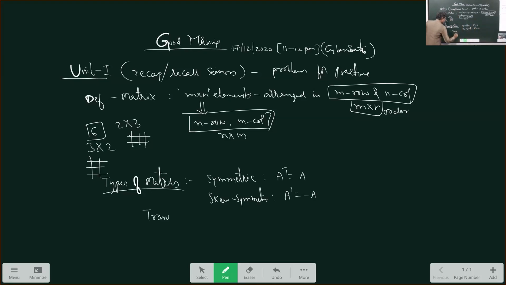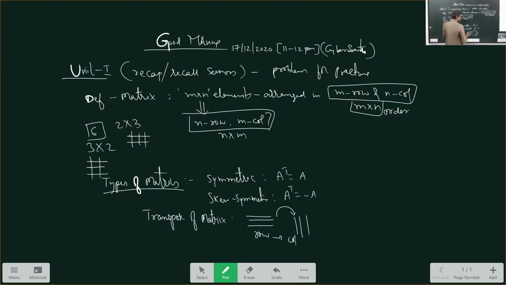What is a transpose? The transpose of a matrix is defined so that whatever rows are there are transformed into columns. The rows are changed into columns, and vice versa, but not both simultaneously.